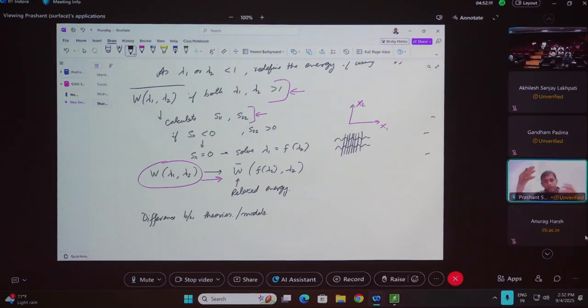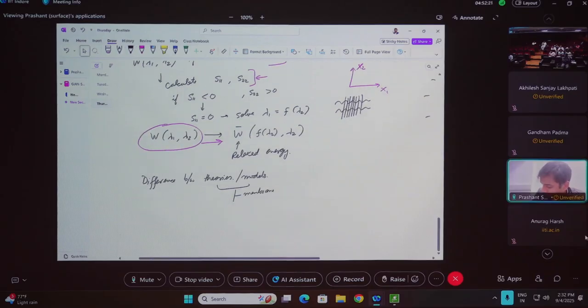You can model that like a membrane, you can model that like a shell, or you can model that like a 3D material. Because at the end of the day, any model is just an approximation. Models are just approximations of reality.